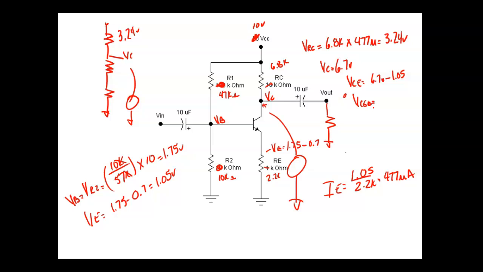So VCE tells you the formula. So 6.7 volts. Is this transistor circuit operating towards saturation or is it operating towards cutoff? It's in the active.